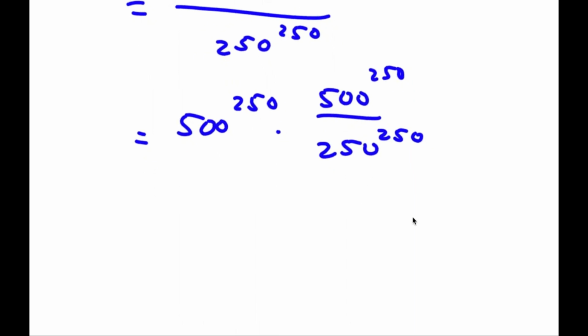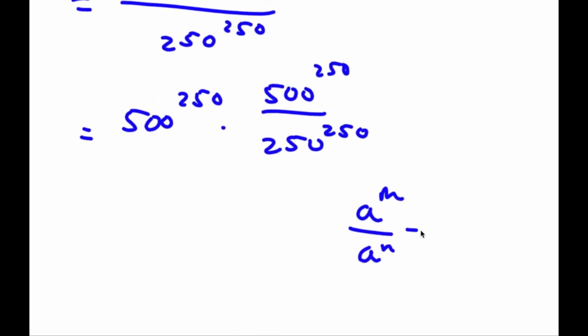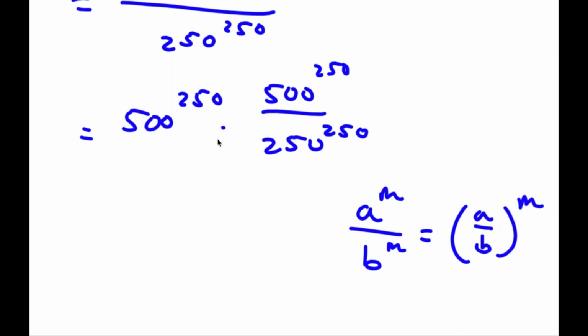And if I have something in the form a to the power of m over b to the power of m, this is equal to a over b to the power of m.